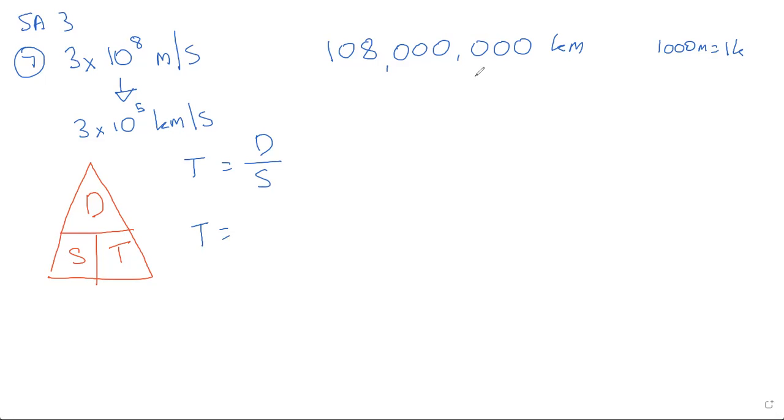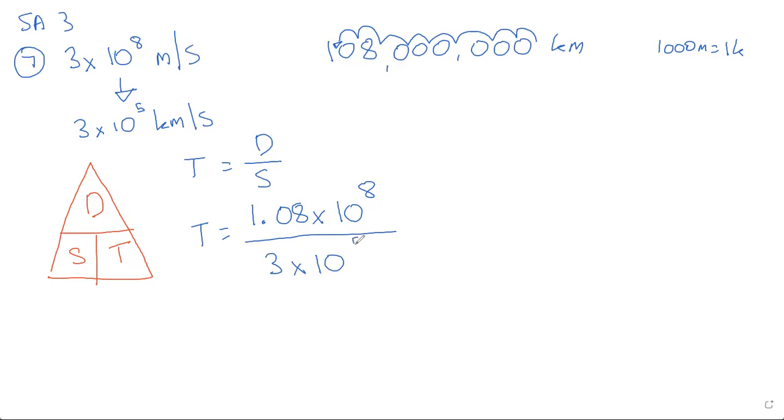Now I'm going to put this into standard notation. How many places did I move the point? 1, 2, 3, 4, 5, 6, 7, 8. I moved it 8 places. So it's 1.08 times 10 to the 8 divided by the speed, which is 3 times 10 to the 5.